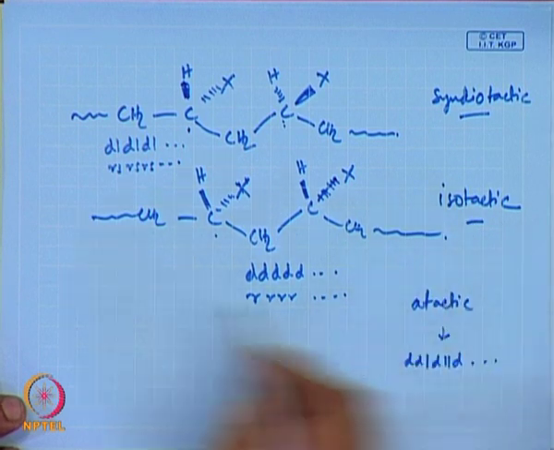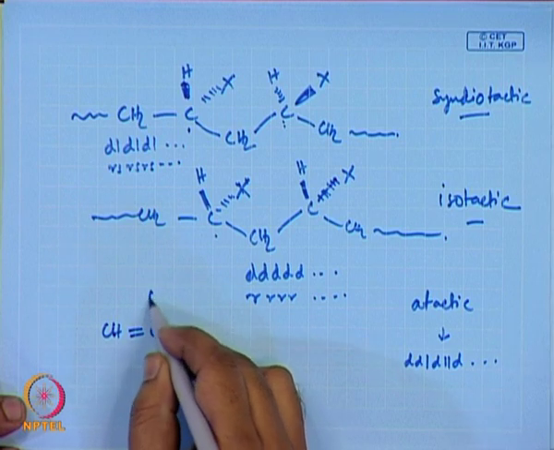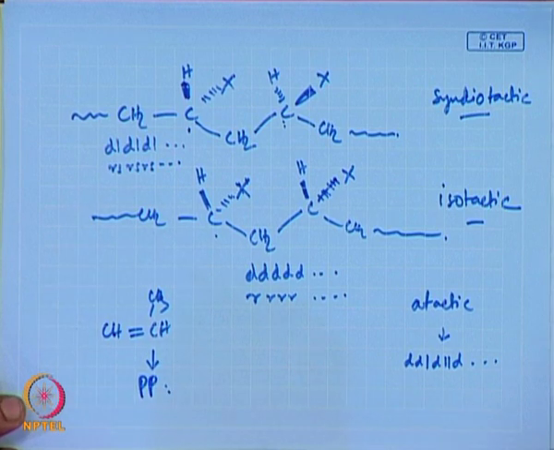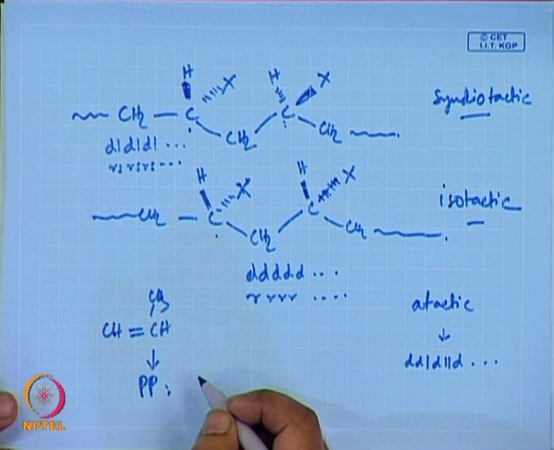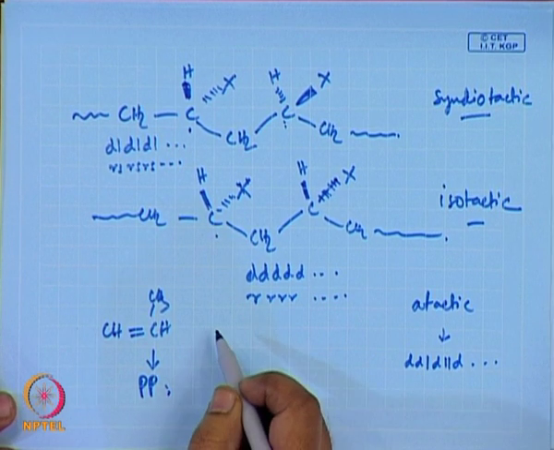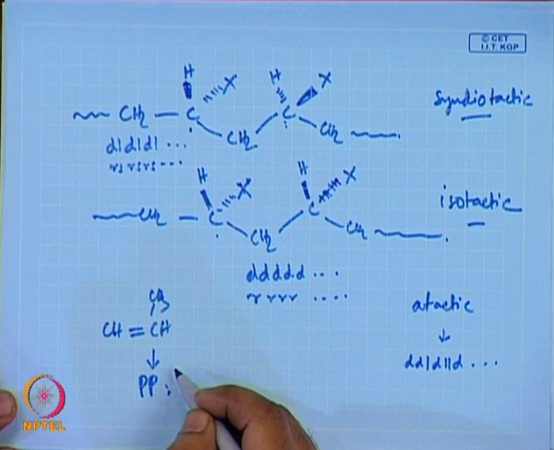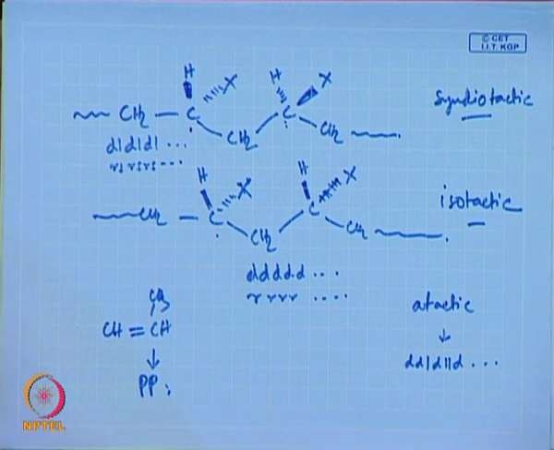So, if I consider a molecule like propylene and make polypropylene out of this, you can make an isotactic polymer from the propylene molecule. Then isotactic polypropylene, having a regular structure, will crystallize easily, and that will be a hard material.